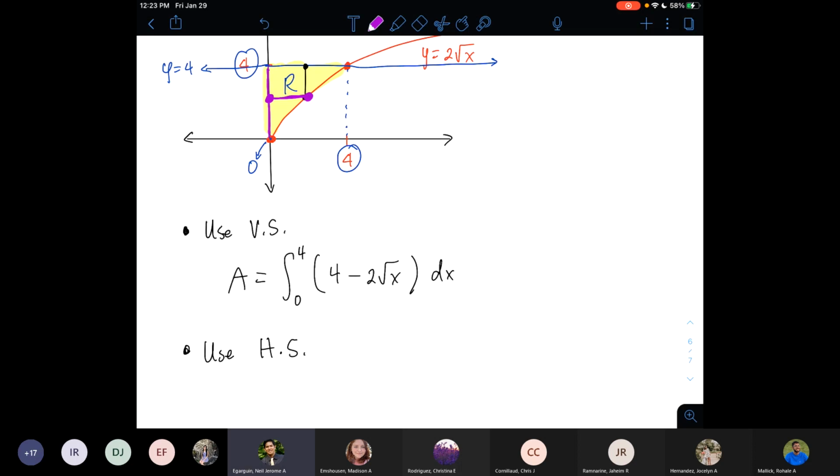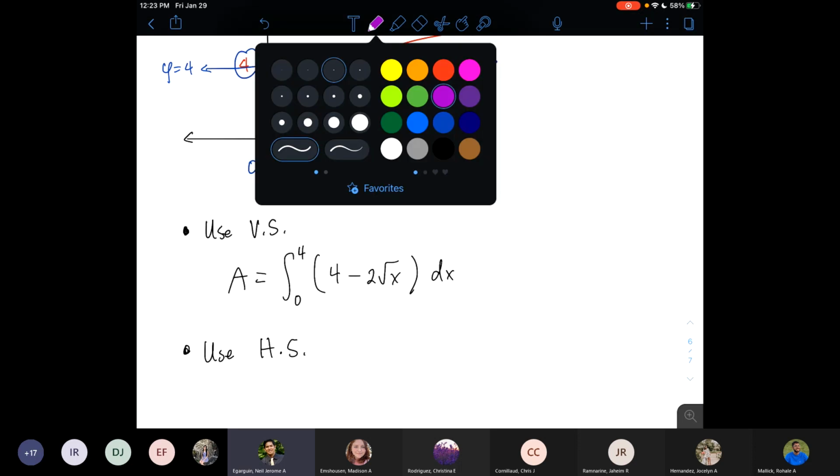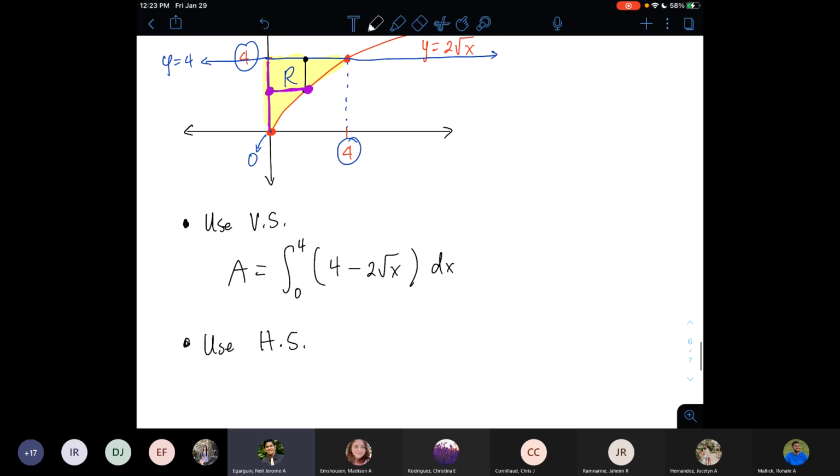So no matter where we draw the horizontal strip, it's always the red curve and the y-axis on the left. So that means it's fine. There's no big issue in using horizontal strips here. Now, horizontal strips always go with dy. And since I have a dy, I need to bound the y.